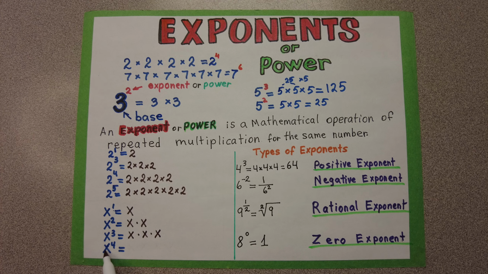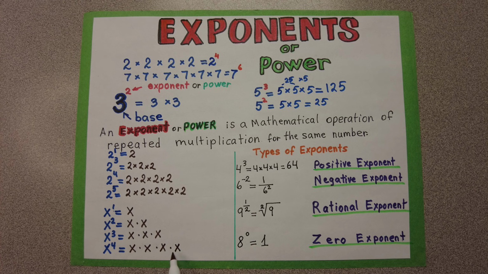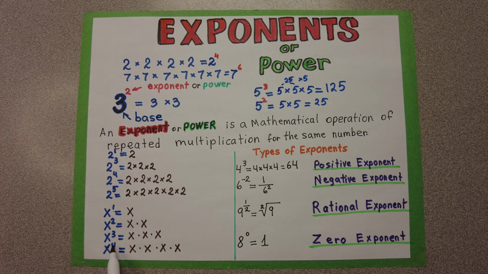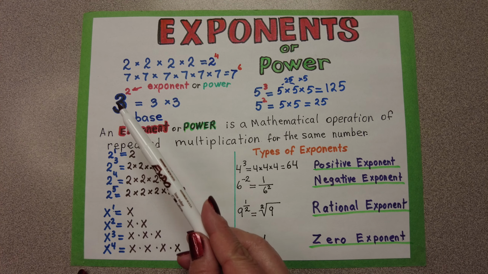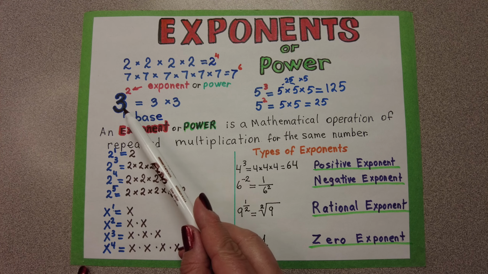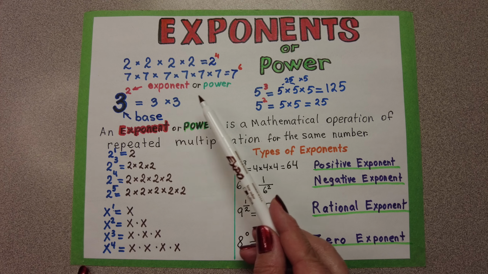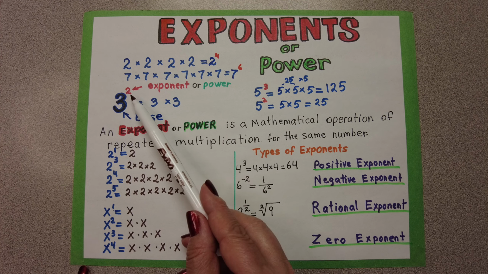Now the last one, x to the power of 4, will be x times x times x times x. 4 x's we multiplied together to get x to the power of 4. So this is again the number which is the base. It's the same number multiplied all together to get an exponent or power.